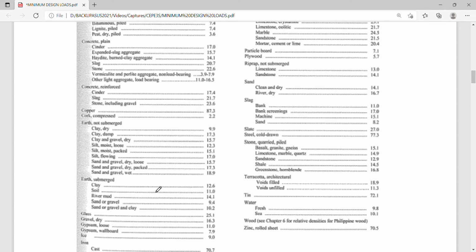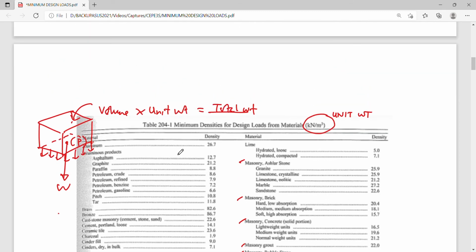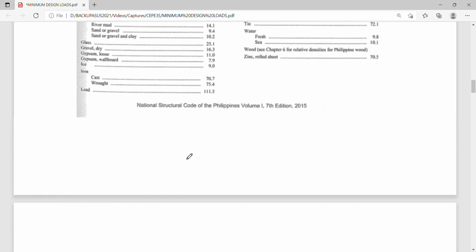Okay, if you are using glass, so there's a glass material here, gravel, gypsum material, etc. Okay, so you will be using this table more if the volume of the material based on its geometry is given.